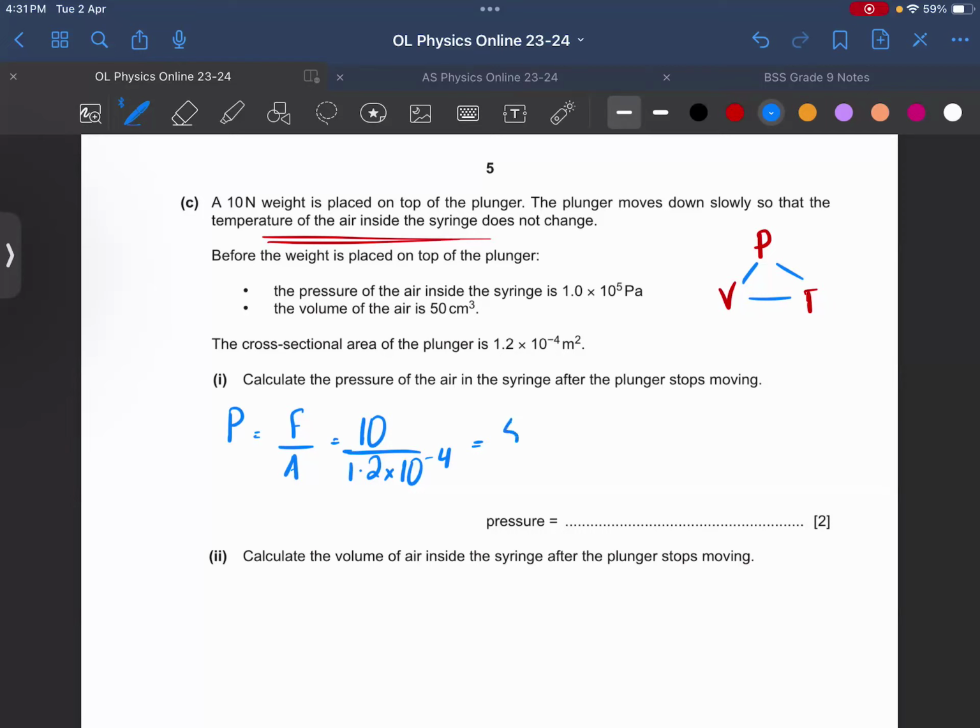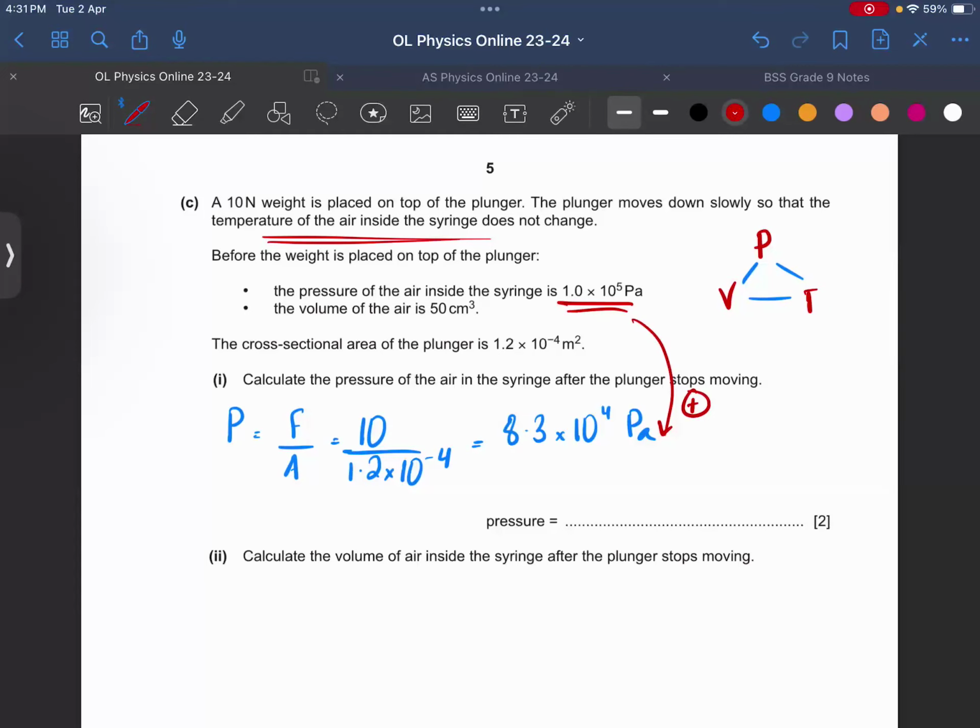All right, 8.3 into 10 to the 4 pascals. Okay. And this is the increase in pressure. What was the pressure before? This one, just add this value.